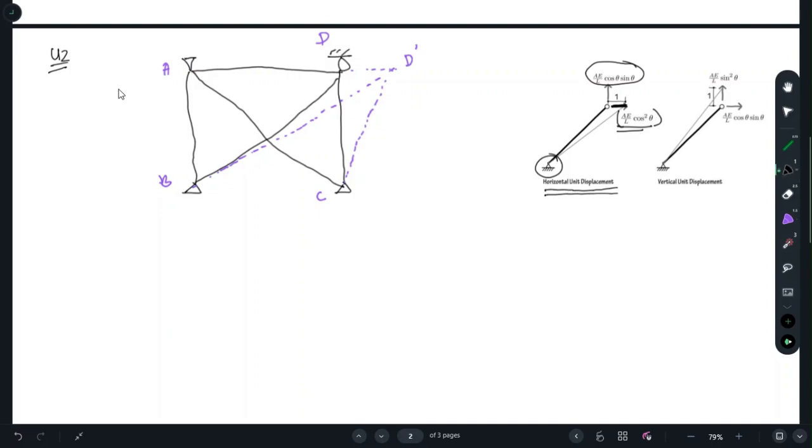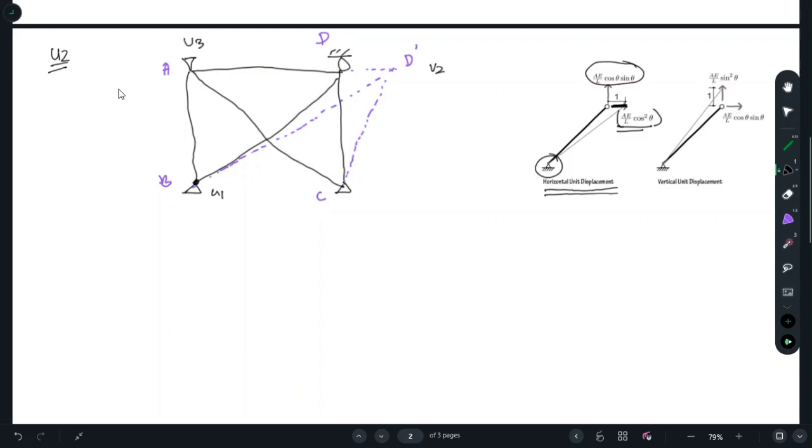So if you find out K12, this point was the point of U1, this is the point of U2, this is the point of U3.